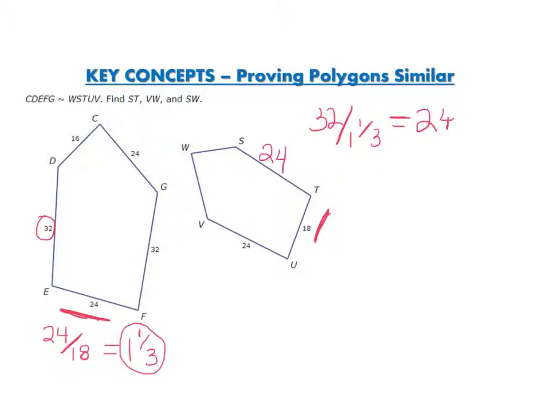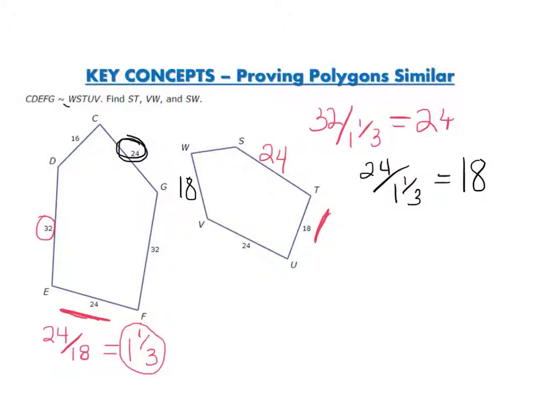Now I'm going to look for VW. VW is the last and the first, so that's the same one as GC. That's right here, which is 24. So I'm going to take 24 divided by 1 and 1/3. That equals 18. So the length of VW is 18.